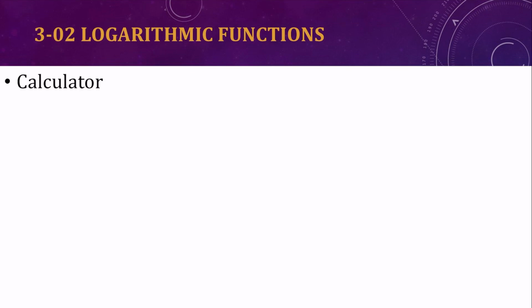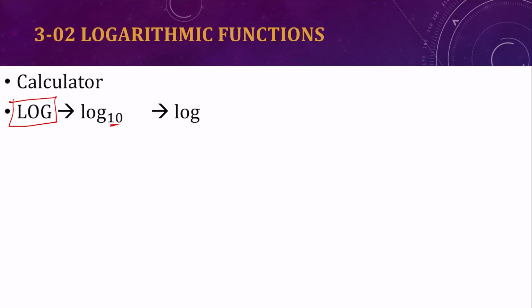You can use a calculator to evaluate logarithms, but most scientific and graphing calculators only have 2 logarithm buttons. We have log, which just looks like log on your calculator, and it's log base 10.